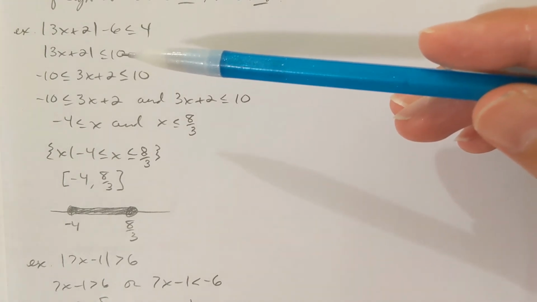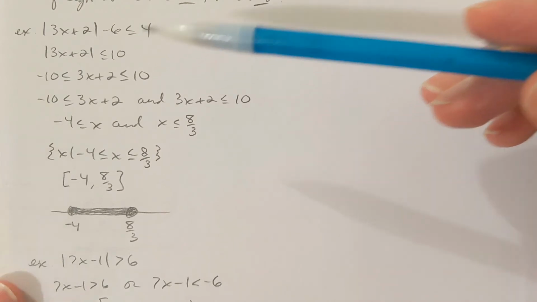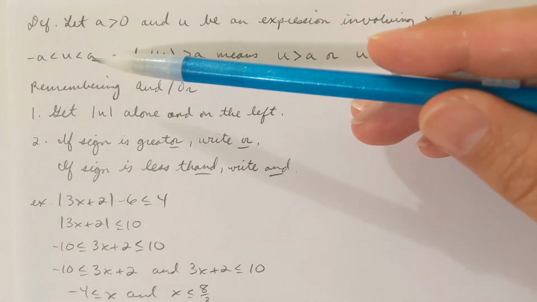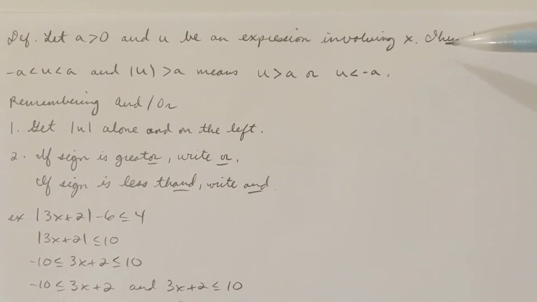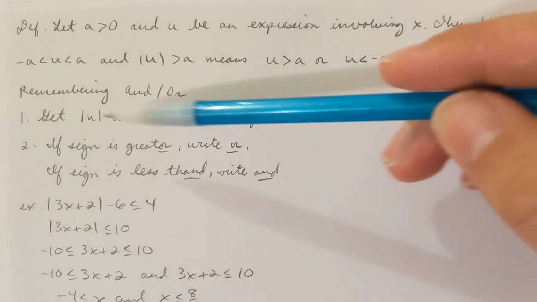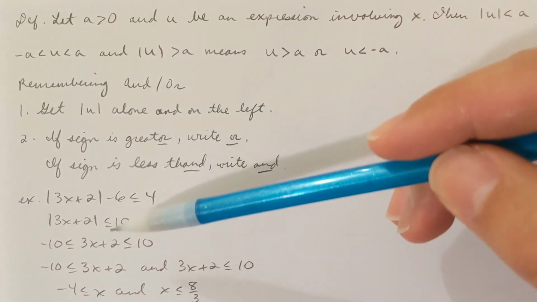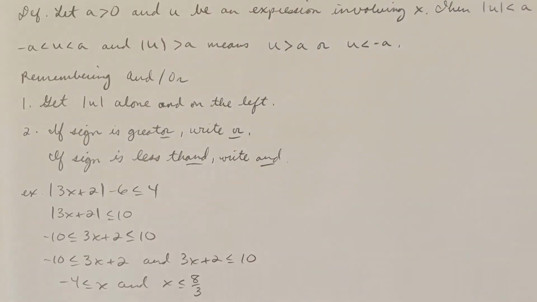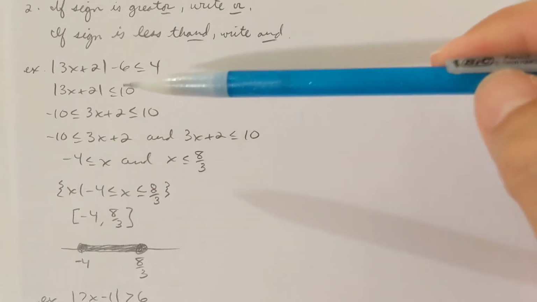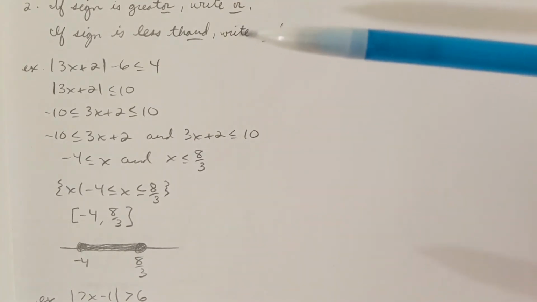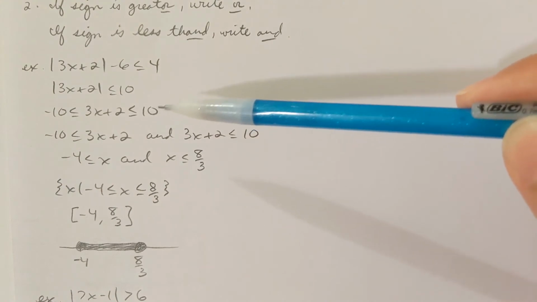And the fact that that's a less than or equal to sign means that, like the definition says, I'm going to write a compound form and lose the absolute value notation.